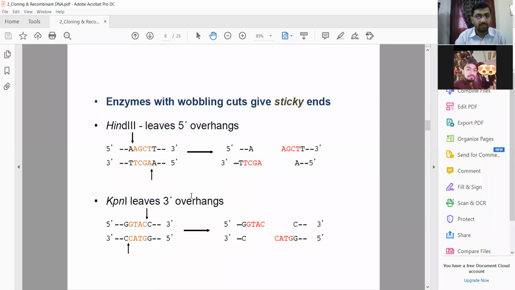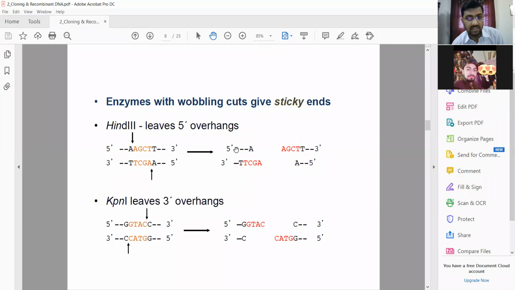Let's move further. As I told earlier, we divide enzymes into two types: the ones which produce sticky ends, and the ones which produce blunt ends. Here is an example of HindIII, which produces a 5' overhang.